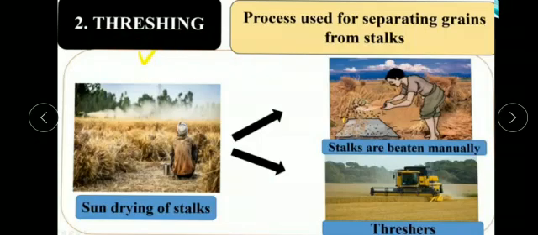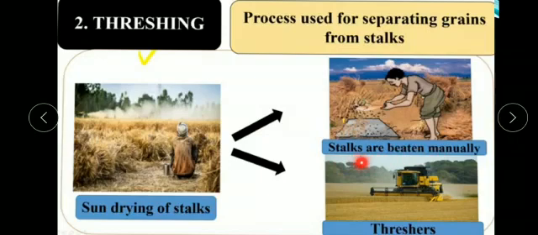After harvesting, wheat plants are usually dried in the sun for a few days. After that there are two methods of separation which we follow. On a smaller scale, grains are separated from the stalk by manually beating the stalk on a hard surface.